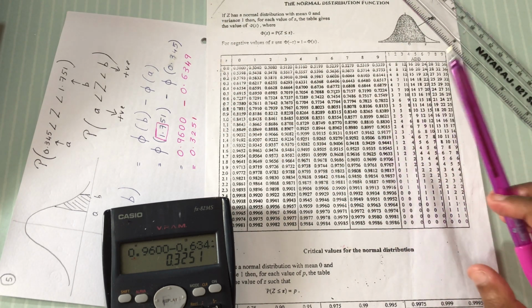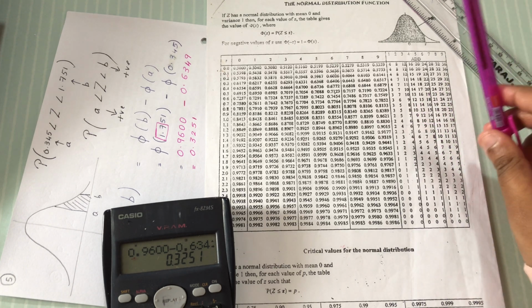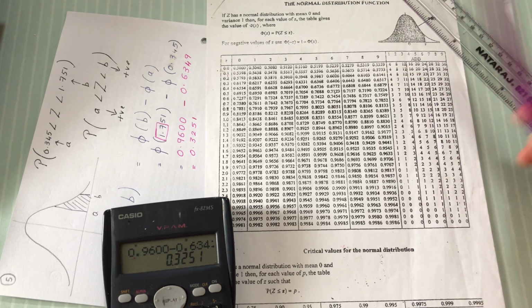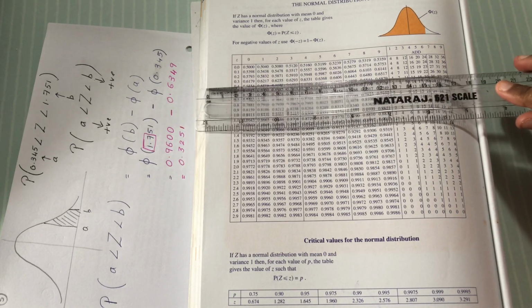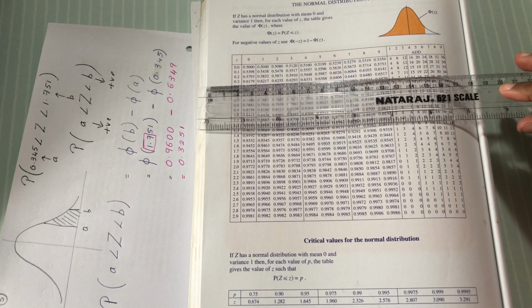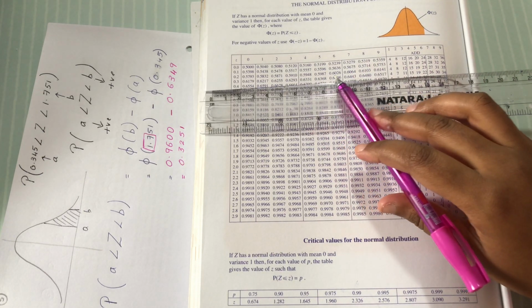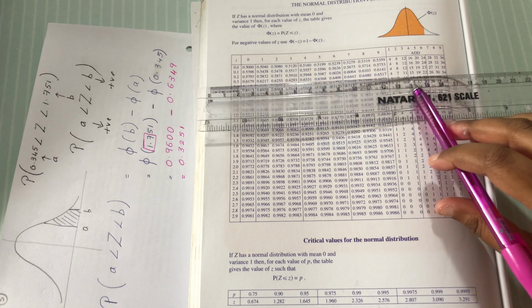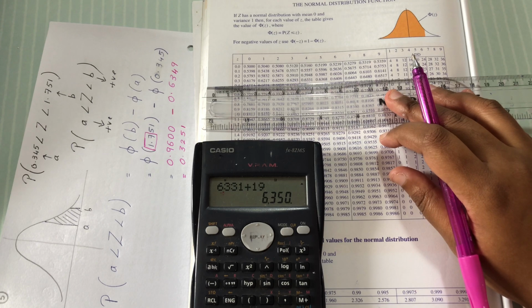I'm using an old table. I think the table that I sent you is the new one. To avoid confusion, I'm going to take the same table as yours. I'm going to shift to the newer version. Okay, so this is a different table and you can see that I have 0.3, 0.34. So we have the same value here, but when we take plus 5, we have 19. 6331 plus 19, so we have 0.6350.